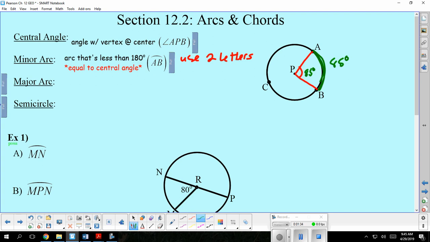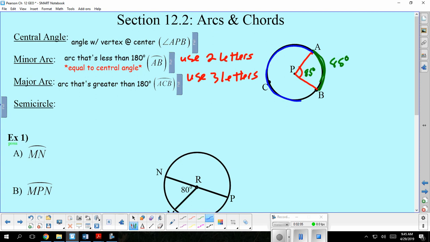A major arc is an arc that's greater than 180 degrees. And for major arcs, we use three letters to describe them. Notice that in ACB, the first letter tells us where we start, the second letter gives us the direction, and the third one is where it ends up.